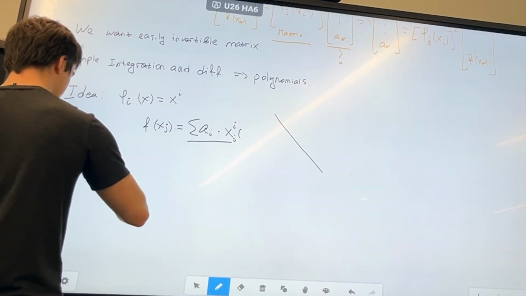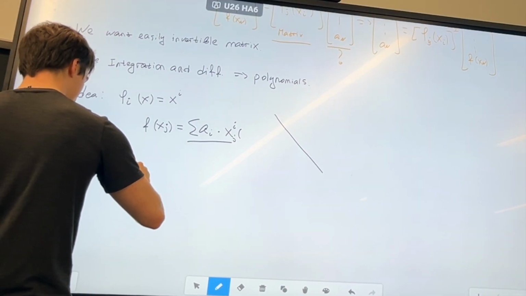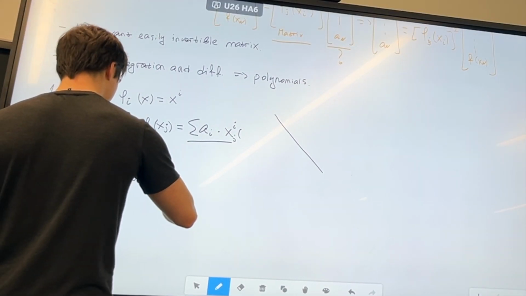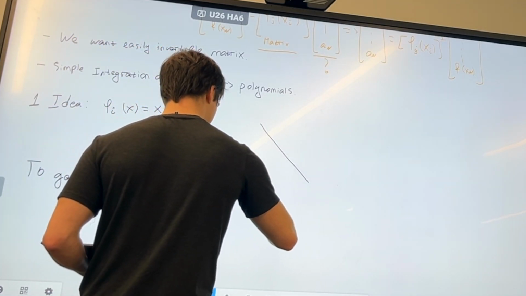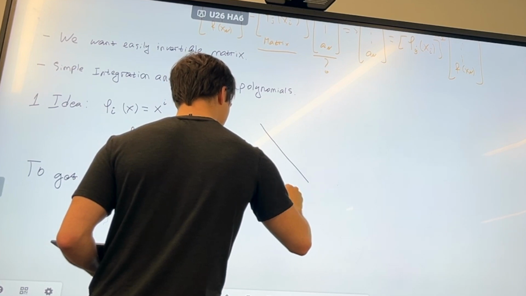To get an easily invertible matrix, we want a diagonal matrix.